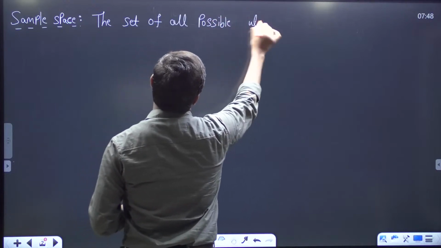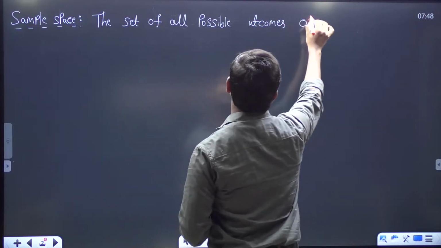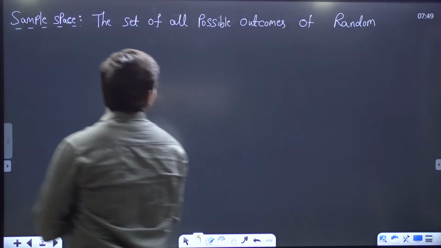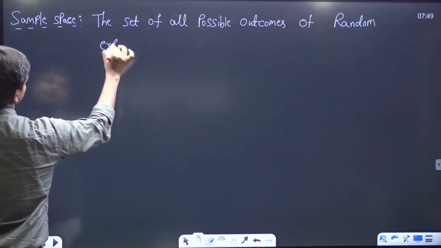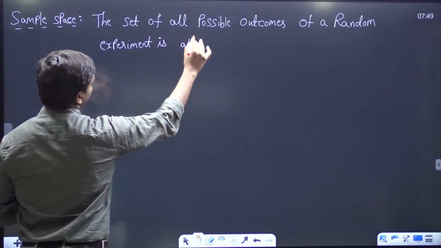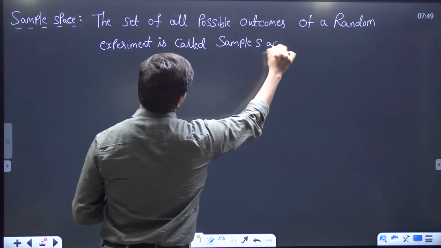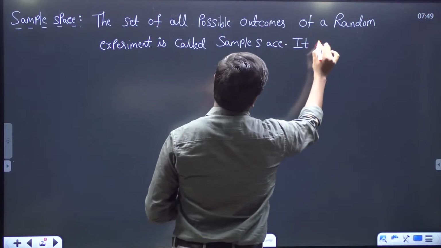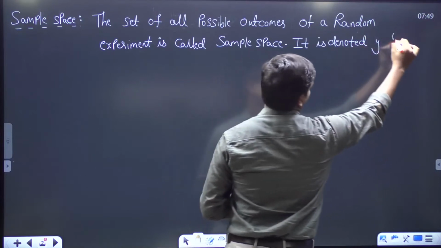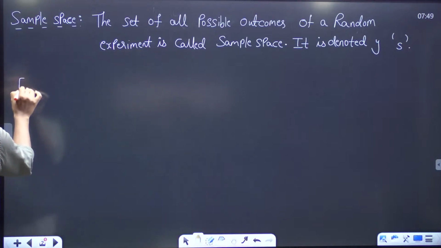The set of all possible outcomes of a random experiment is called sample space. It is denoted by S. Correct?